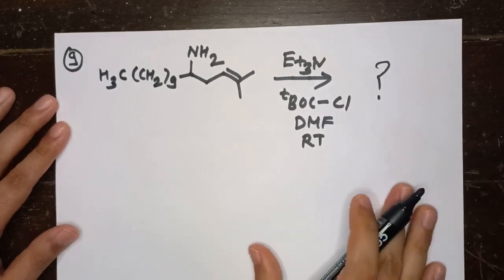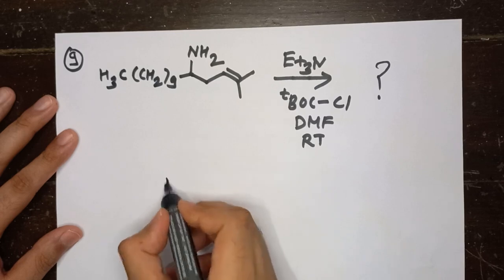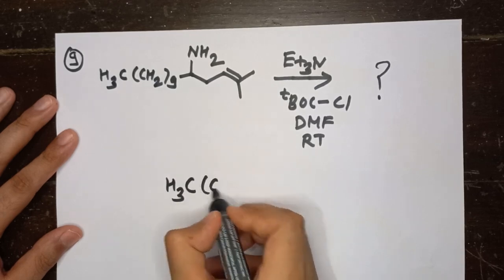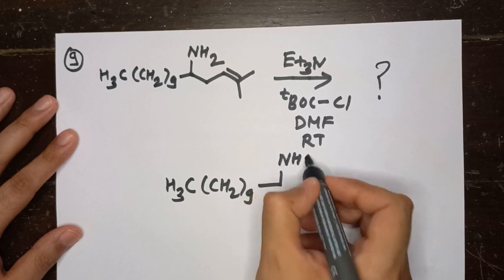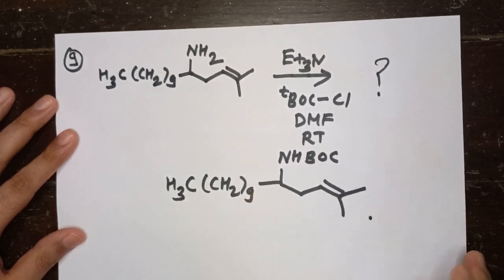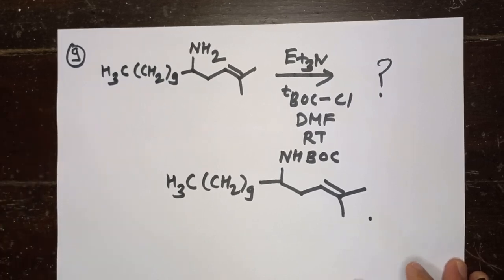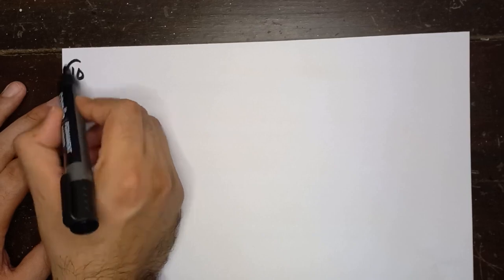So what is the product? So the product is again straightforward. We are doing Boc protection of this amine, and the product is NH Boc, and that's it. Okay, now the 10th example.